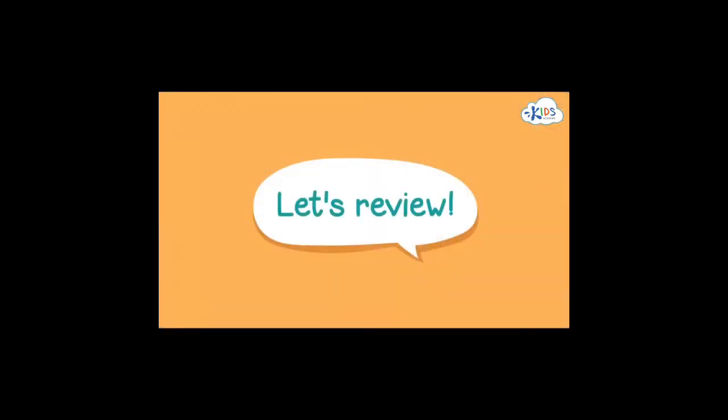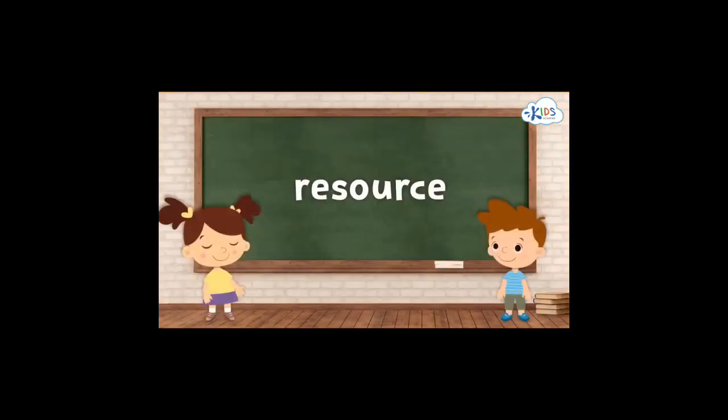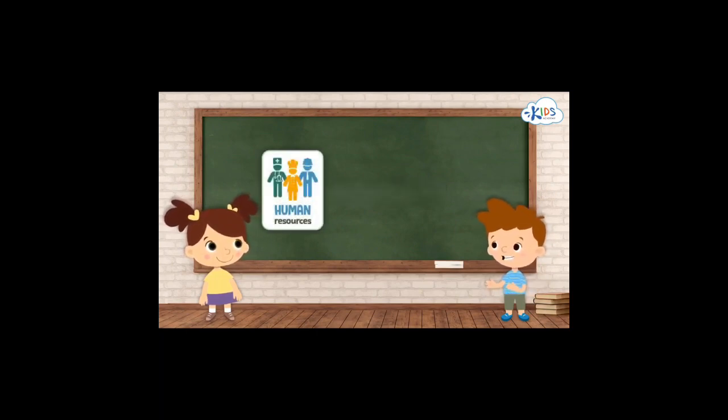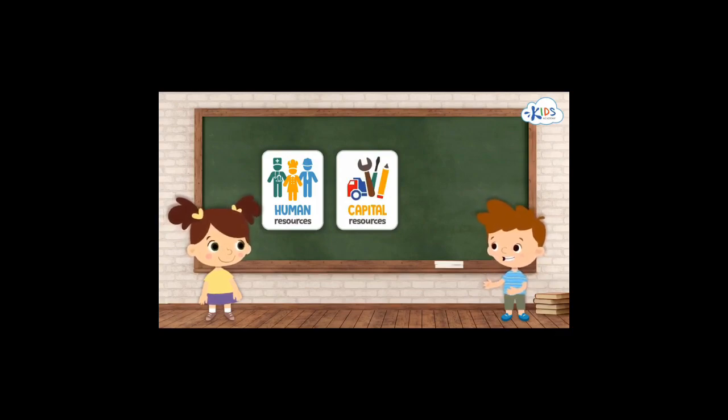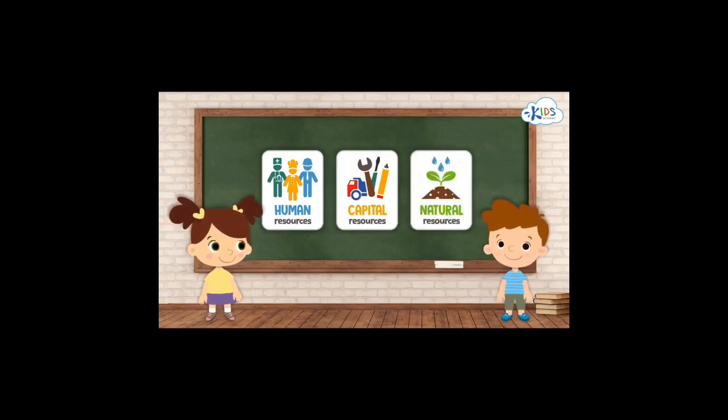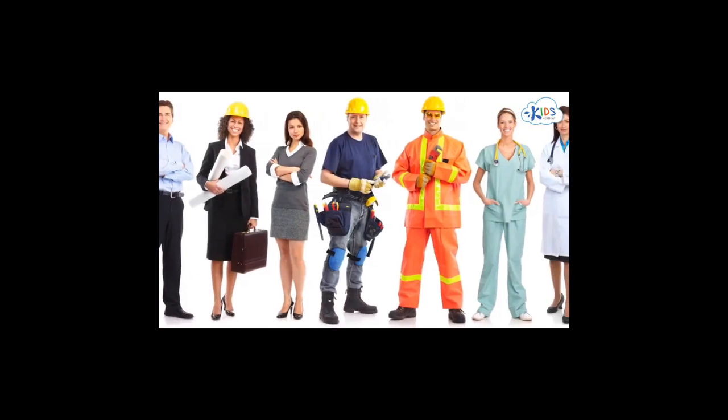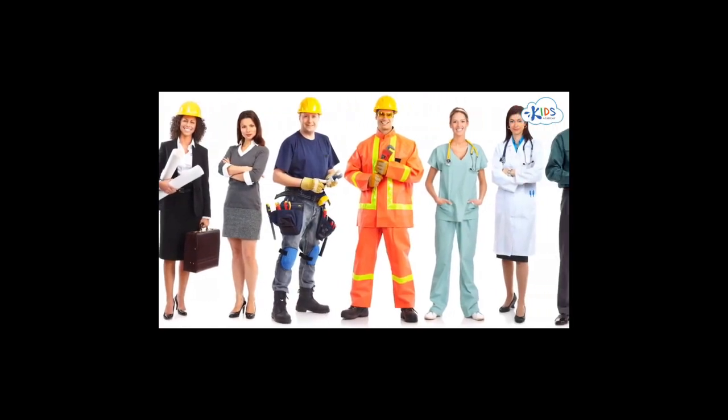Let's review. A resource is something that people use to meet their needs. There are 3 main types of resources: human resources, capital resources, and natural resources. Human resources are people who provide a service.